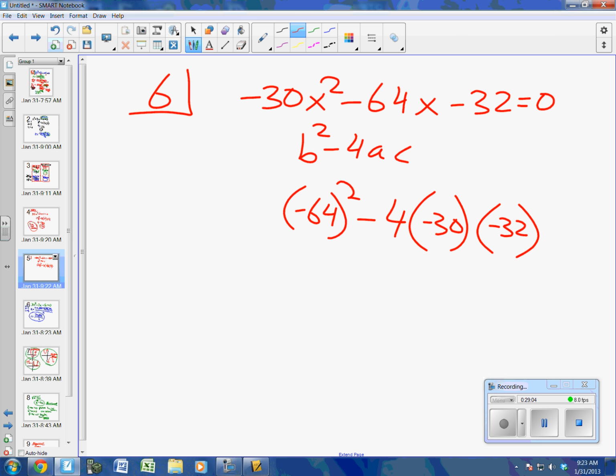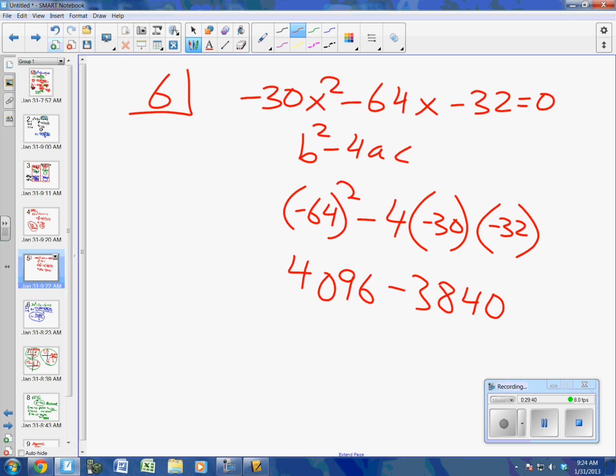Someone just tell me, what is 64 squared? 4,096. And then this is going to end up being a negative number because you got a negative, negative, negative. You got an odd number of negatives. 4 times 30 times 32. Just someone go 4 times 30 times 32. You don't have to do the negatives. What is that? 3,840.